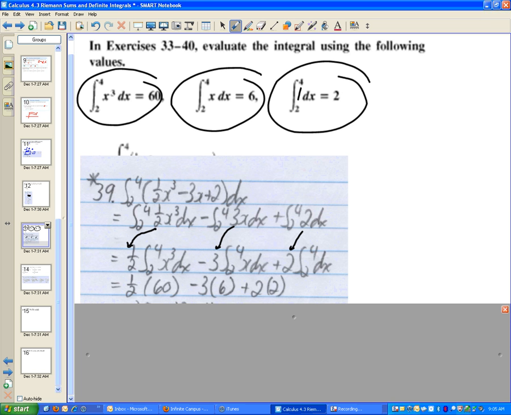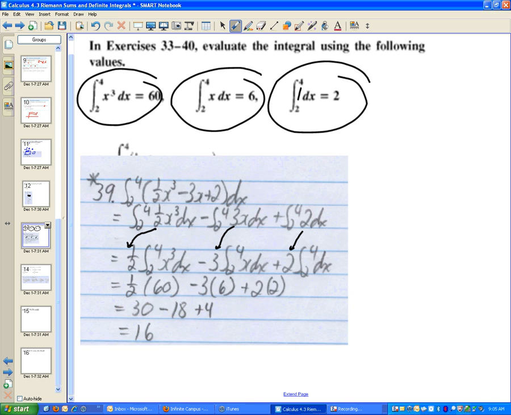Minus 3 times. Then the integral from 2 to 4 of x dx is replaced with what it equals, 6. Plus 2 times. And then the integral from 2 to 4 of dx is replaced with what it equals, 2. And that gives us our definite integral.